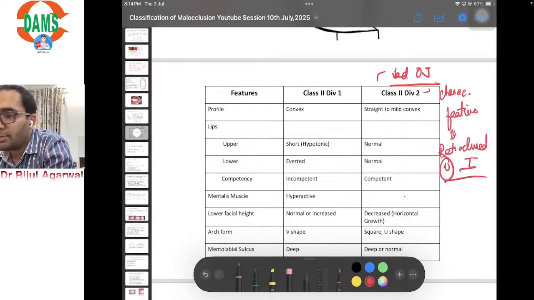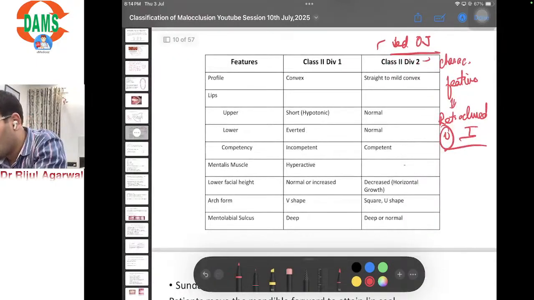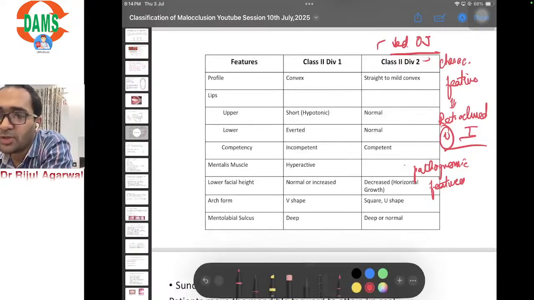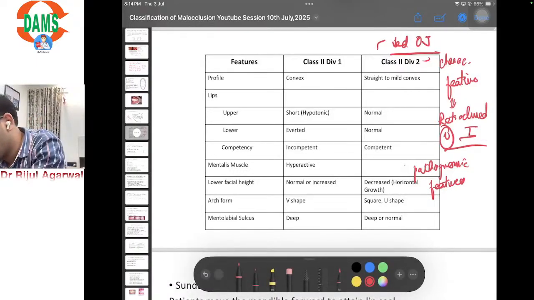And if the question is about the most pathognomonic feature, meaning the most dangerous or most harming feature, it's 100% deep bite.